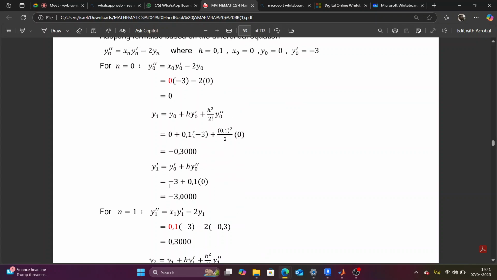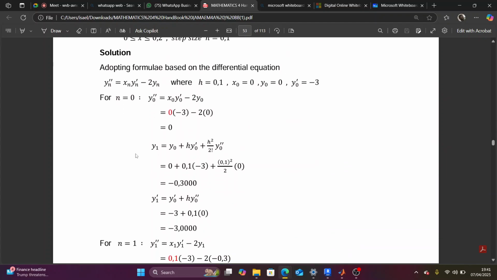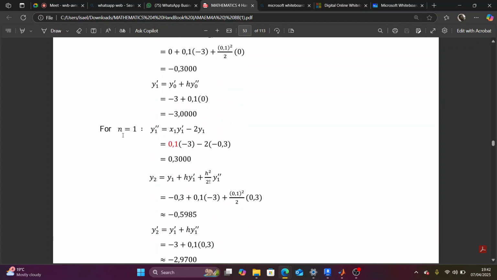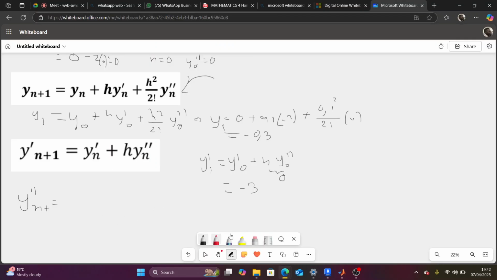Are they using it as n plus 1, or is it un? No. For n equals 0, we get y1 and then we get y prime. So how do we get y second? We go for n equal 1 because there is no transition.